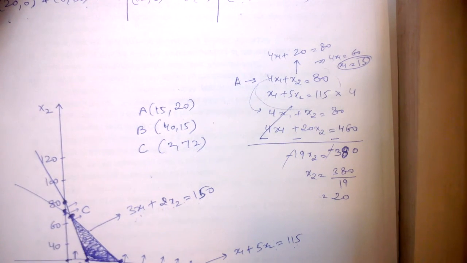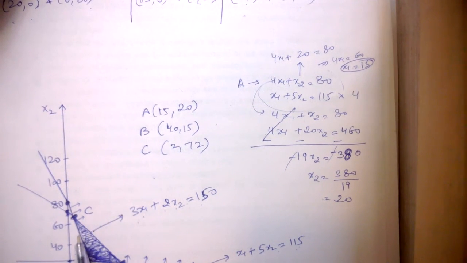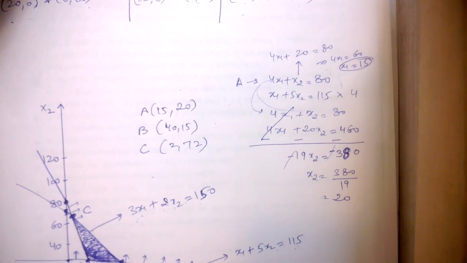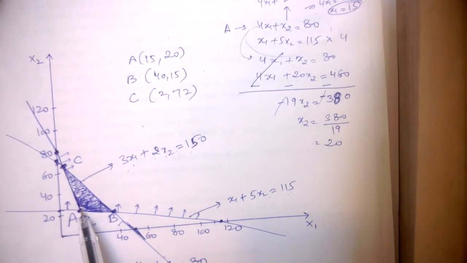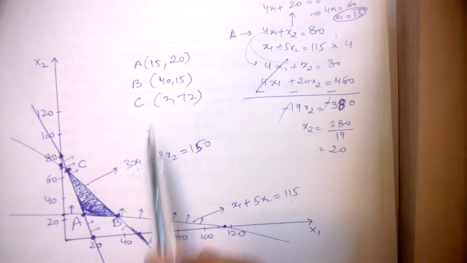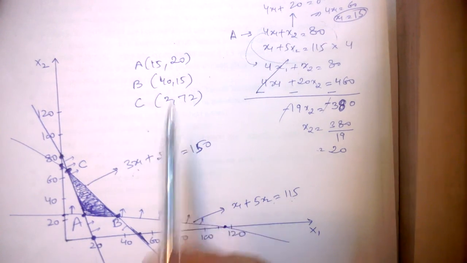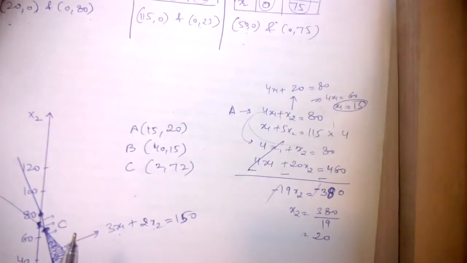Now we have obtained the corner points, and we know that the solution of the problem lies at the corner points of the common area. That is, we have to find the value of z, the objective function, at these 3 points A, B and C. Whichever point gives us the minimum value of z will be our answer.